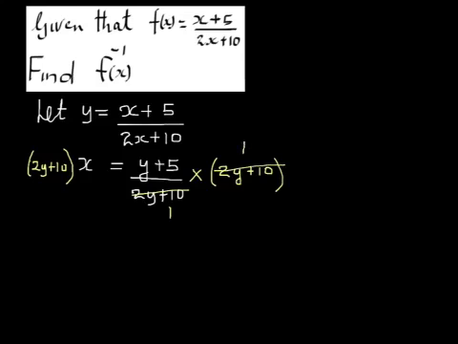So what we have left is y plus 5 on the right hand side. On the left hand side now, I have in bracket 2y plus 10, and we have x outside the bracket, so we need to multiply 2y plus 10 by x, so we get 2xy plus 10x.